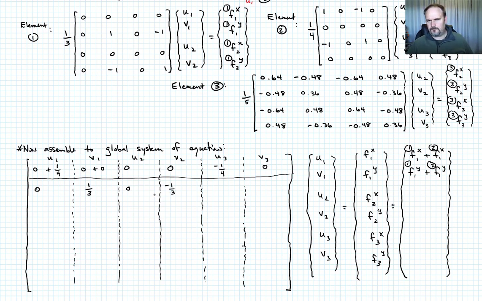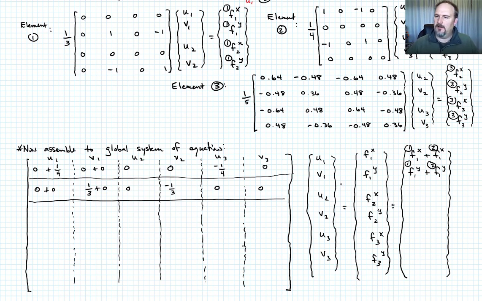Then I look up at element 2, and I see that in the F1y component, I get zeros entirely in the U1, V1, U3, and V3. So it's literally going to be plus 0, and then 0 and 0, right? So this is now my completed second row. So let's draw a line. Okay.